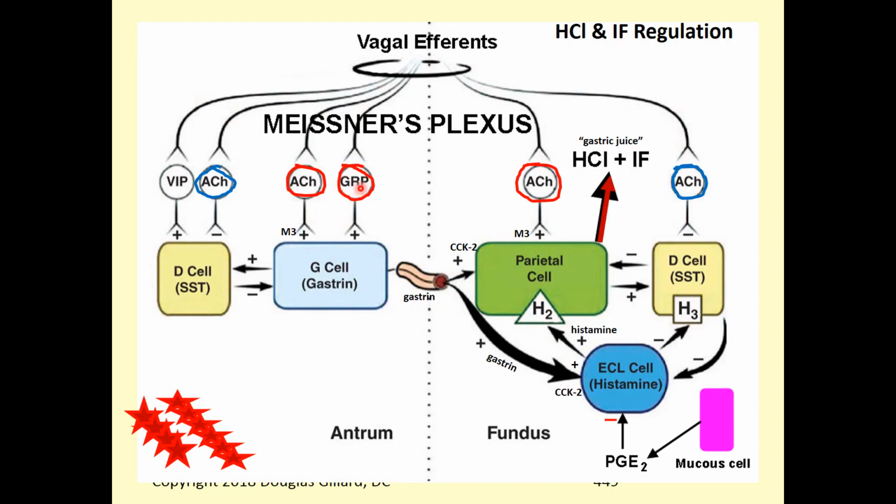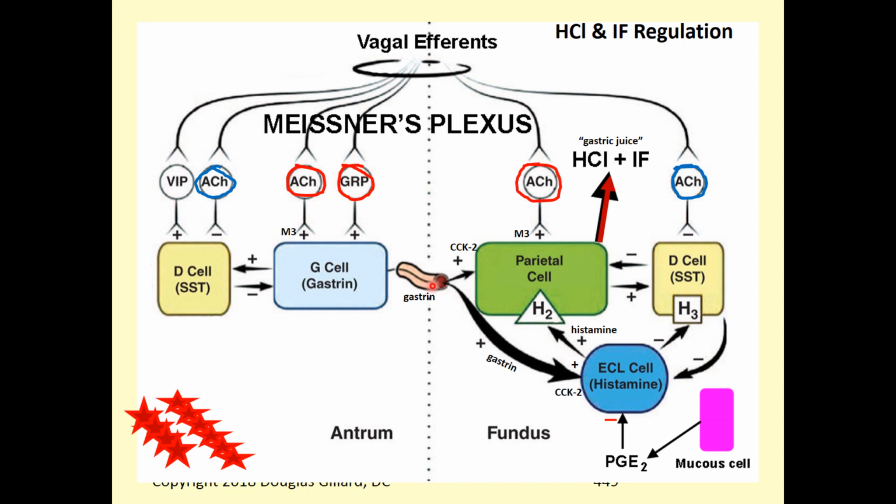So here, GRP swims, binds to the G cell. ACh does the same thing, binds to the G cell. They both stimulate the release of gastrin right there. Gastrin is a hormone. It's secreted out the basolateral part of the cell, wherever that is on this diagram. It swims over to a capillary, jumps in the capillary, in the microcirculation, and it's off. It's in the blood, in the microcirculation in the stomach.